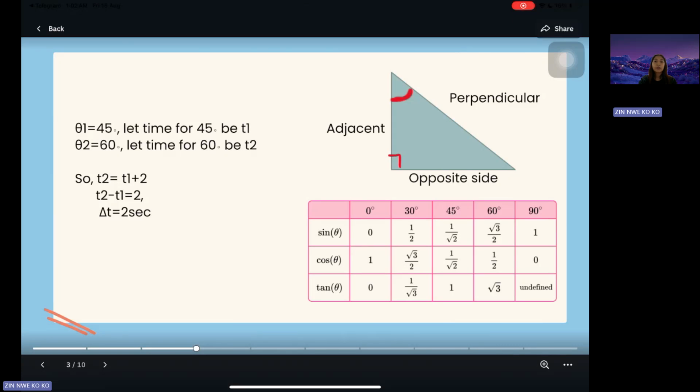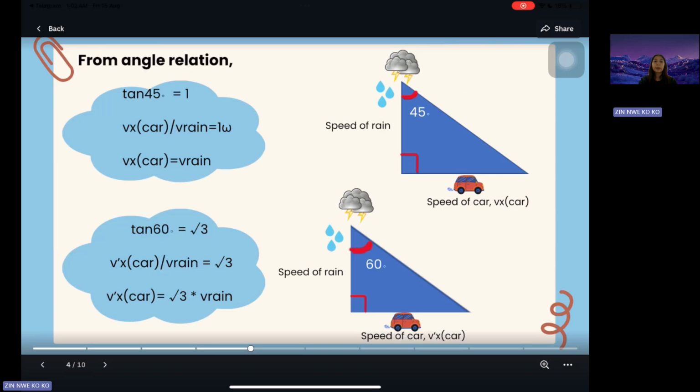Using the angle relation from basic trigonometry, tangent theta equals opposite side over adjacent side. So at 45 degrees, the vertical and horizontal speeds are equal. This means tangent 45 degrees equals horizontal speed over vertical speed, which equals 1. Tangent 45 equals the speed of the car v1 over the speed of the rain, equals 1.